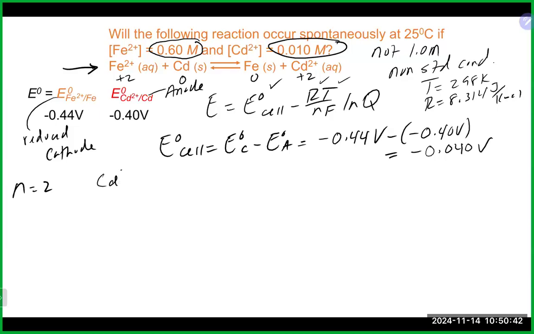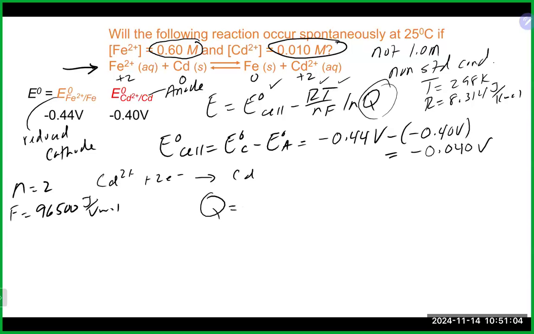Again, you can see that with the cadmium, it would have 2 electrons happening there, and the same thing with the iron as well. So with our 2 there and our F also a constant, 96,500 joules per volt per mole, that means that really we do need to calculate Q in this case.